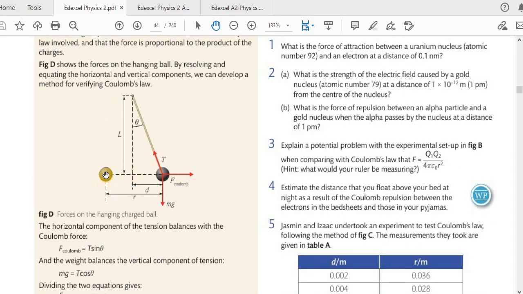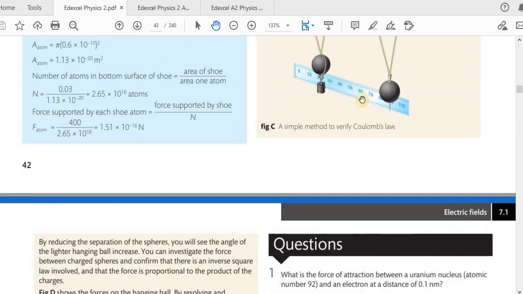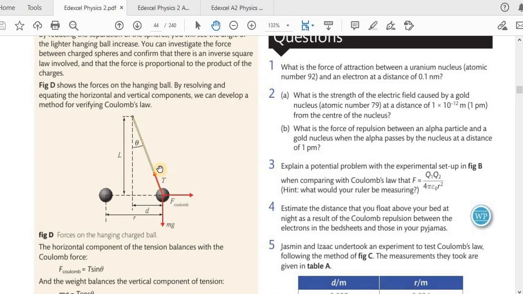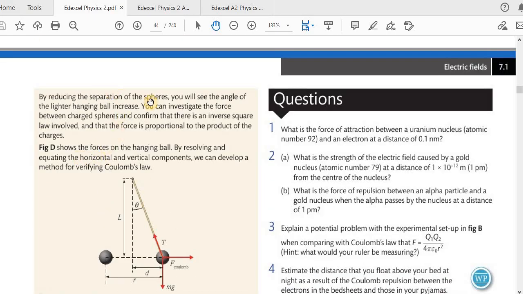So you have this which is vertical, the weights are attached to it, so it will be vertical. But when you bring this closer and closer, the other sphere, which is the fixed one, will get repelled. So the angle that it makes with the vertical will increase. So that is what is happening here. By reducing the separation of the spheres, you will see the angle of the lighter hanging ball increase.